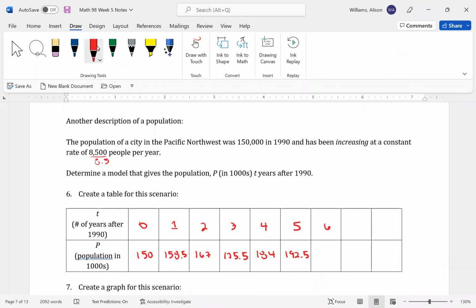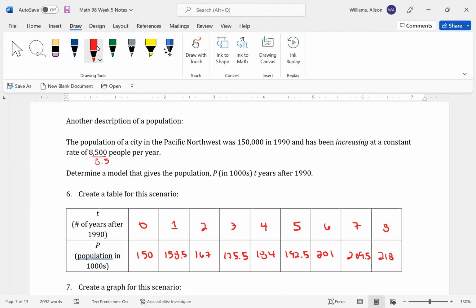And that'll be 201, 209.5. 209.5 plus 8.5. Sorry, sometimes I have to talk myself through it. Comes out to 218. All right, there we go.